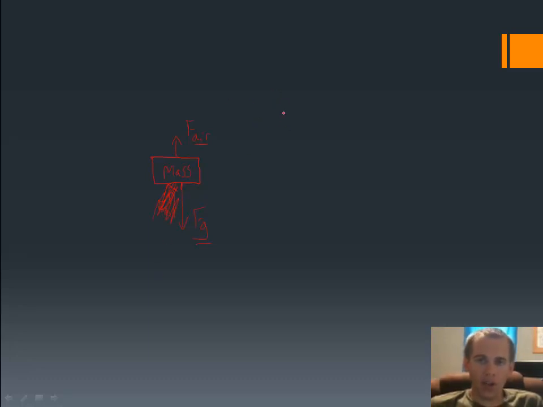Always, always, always start your force vectors, these arrows represent vectors, on the object and have them point in the direction in which the force acts. So what I mean is if two people are pushing on a desk trying to get it to move, but they're pushing into each other, so you've got somebody over here who wants the desk to go this way, and somebody over here going, but I want the desk to go this way.